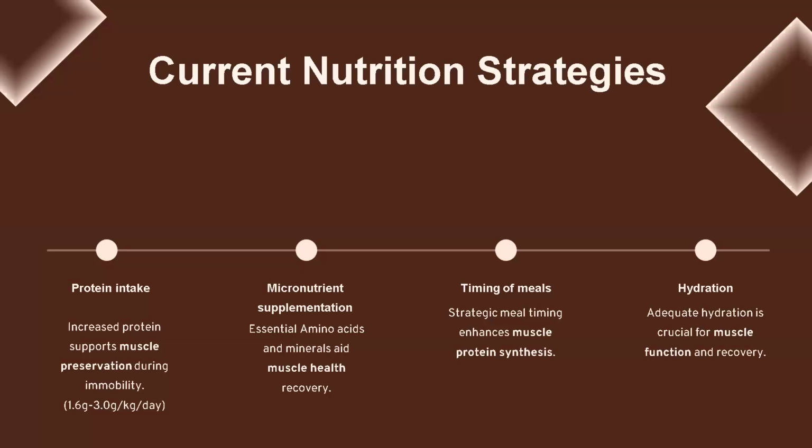And about 1,200 mg per day to 1,300 mg per day are recommended. We also have zinc, which plays a role in protein synthesis, cell division, and immune function, all of which are very important for muscle growth and repair.